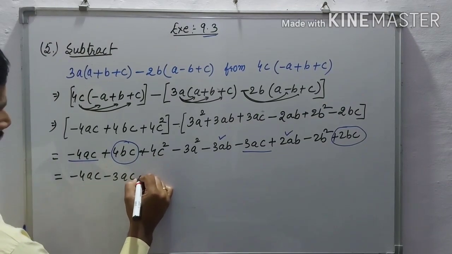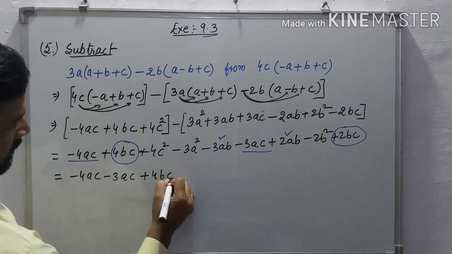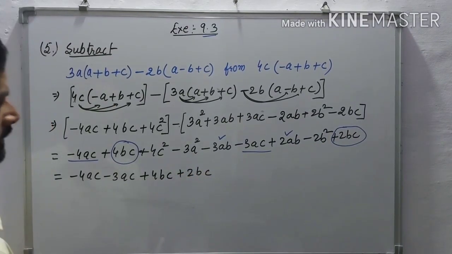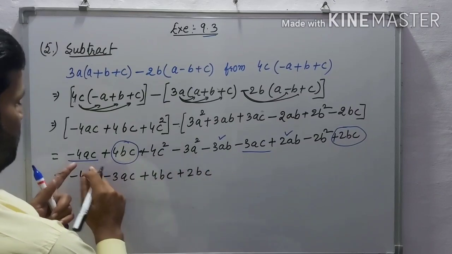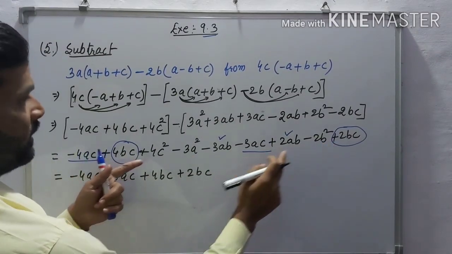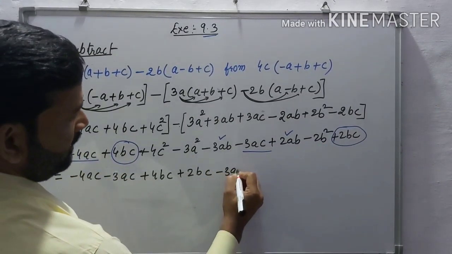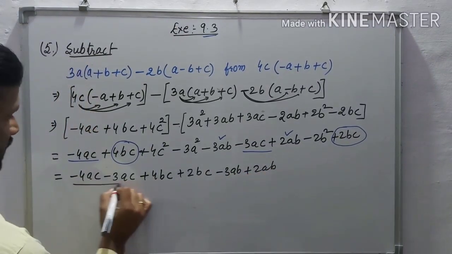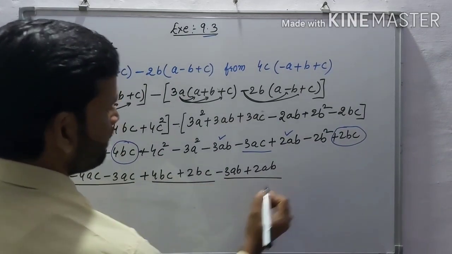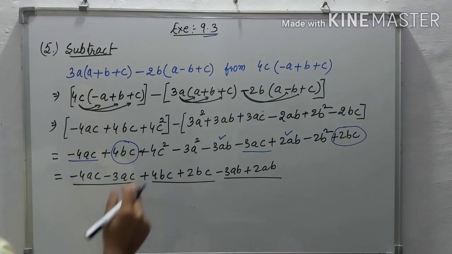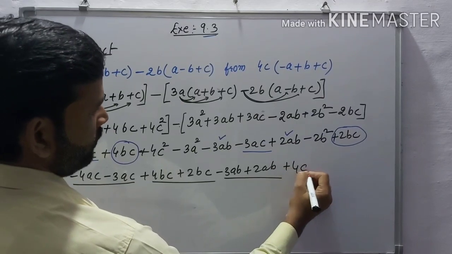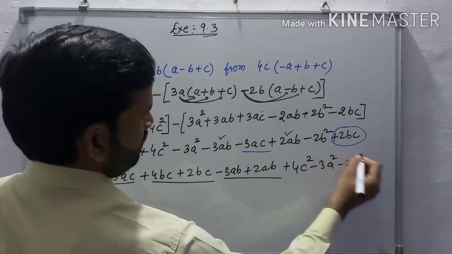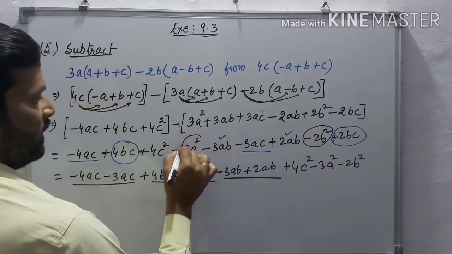Then next is plus 4BC and plus 2BC. Now the third terms: next will be minus 3AB and plus 2AB. They are both like terms. OK, and the remaining terms are 4C square, minus 3A square and minus 2B square. Here these are the unlike terms.